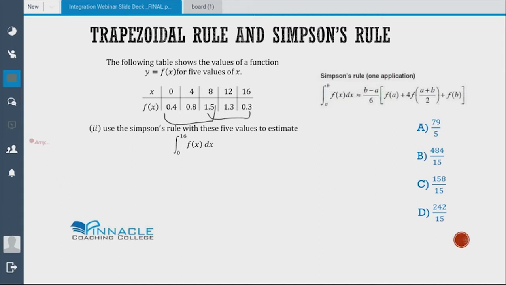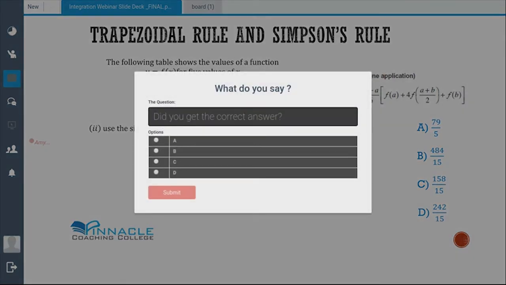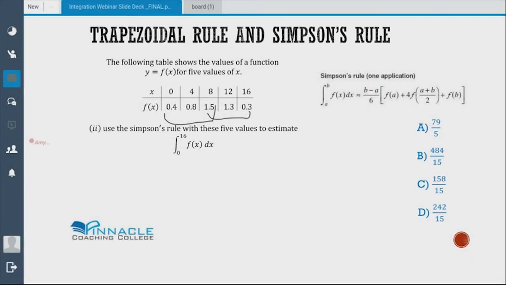Okay, so I'm going to put up the poll again just to see if we got to the answer. All right, so the response rate is a lot better this time.